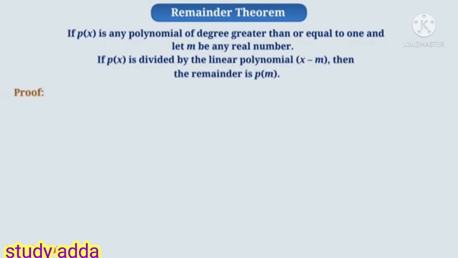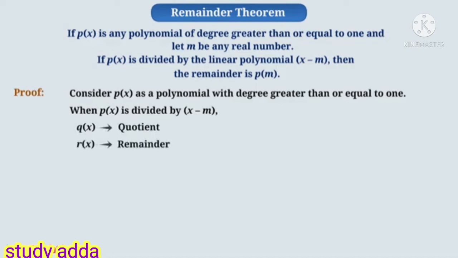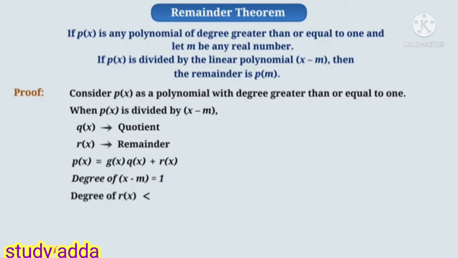Let's verify this. Let's consider p of x as polynomial with degree greater than or equal to 1. When p of x is divided by x minus m, q of x is quotient and r of x is remainder. So, can we represent it like this? The degree of x minus m is 1 and degree of remainder, that is, r of x is less than degree of x minus m. Therefore, degree of r of x is 0.